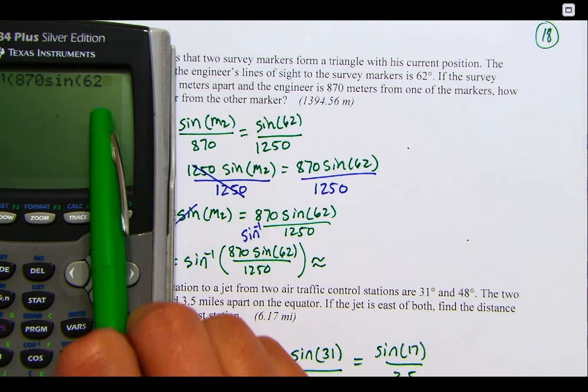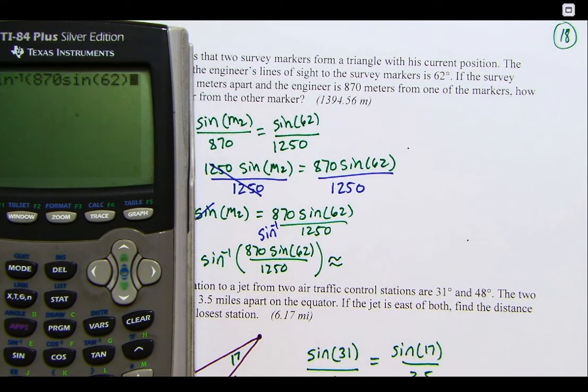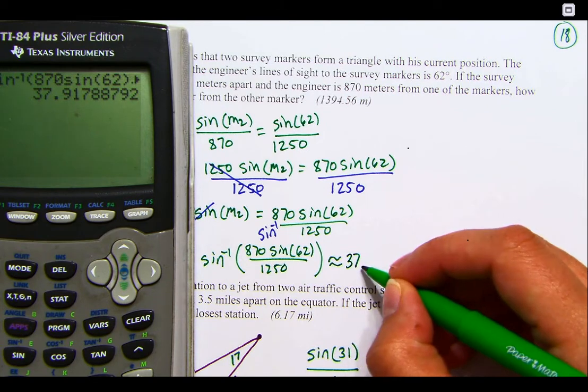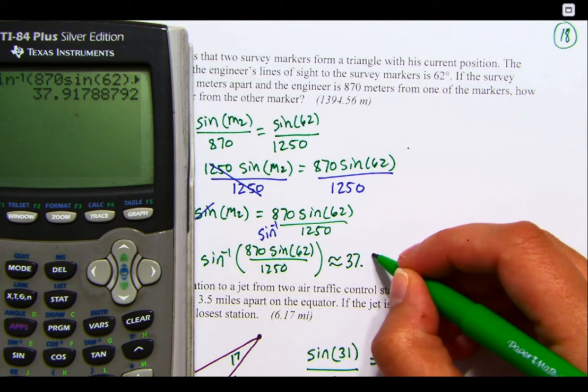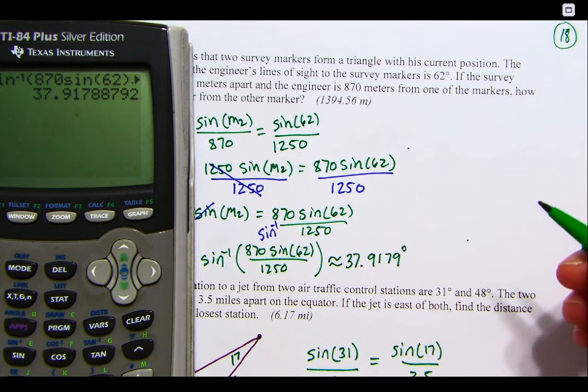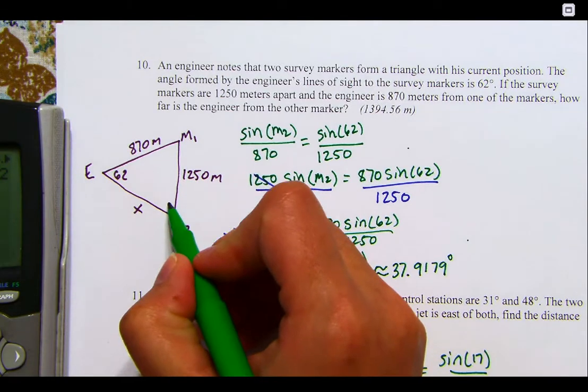Again, make sure you are closing your parenthesis. And then the divide key, 1,250. All right, so this is going to be 37.9179 degrees.